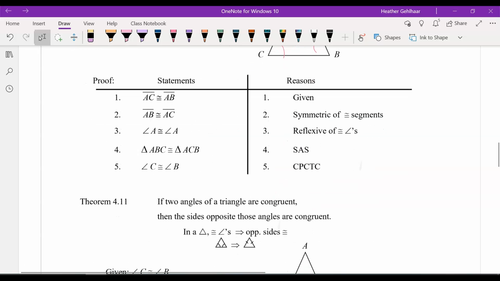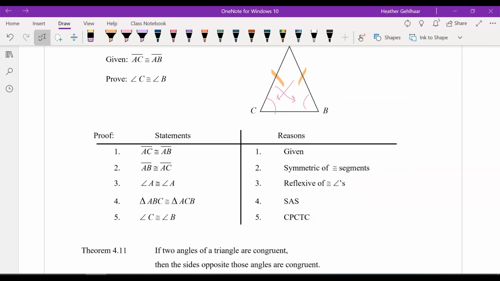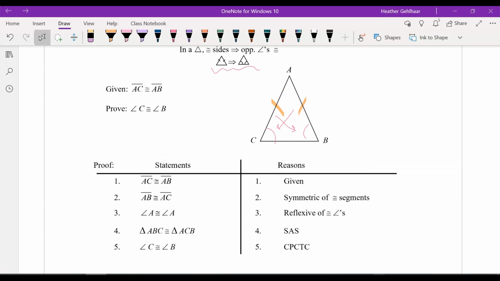And here is the proof to get that. So we are given that AC is congruent to AB, right? So what I have in orange right now, AC and AB, that's given. Then we know that AB is congruent to AC. So that is just taking AB, writing that first, and taking AC, writing it second. We know angle A is congruent to itself, right?